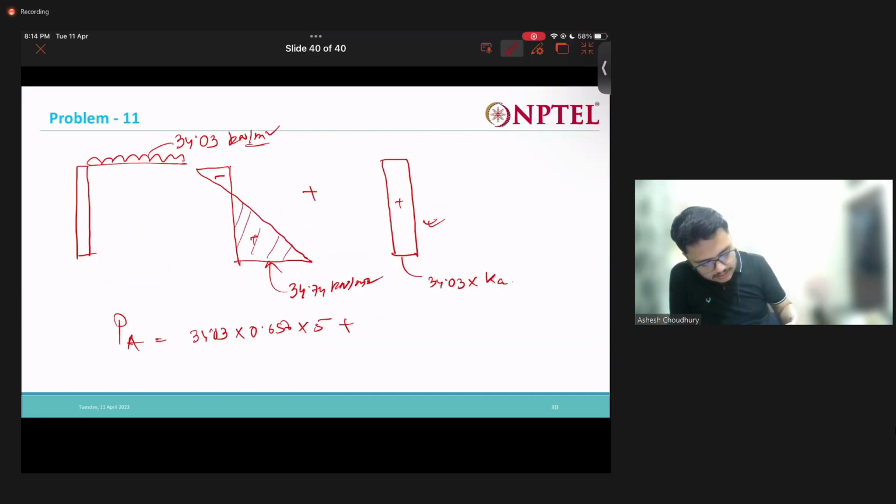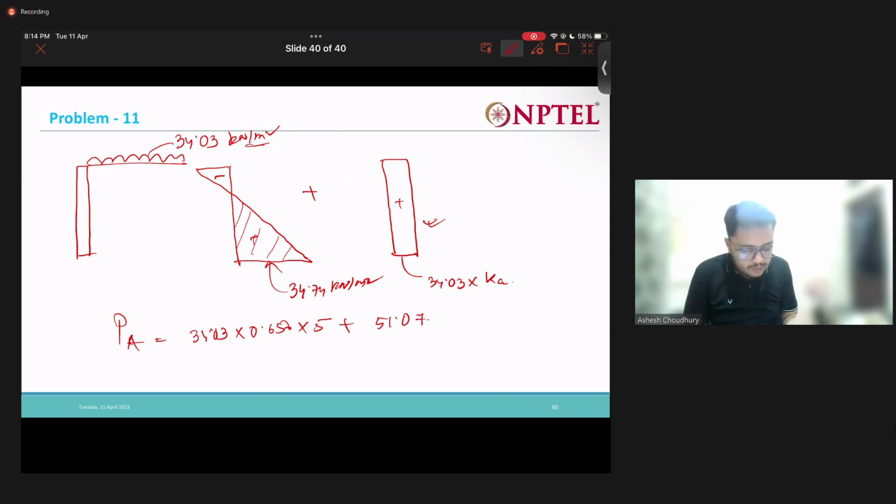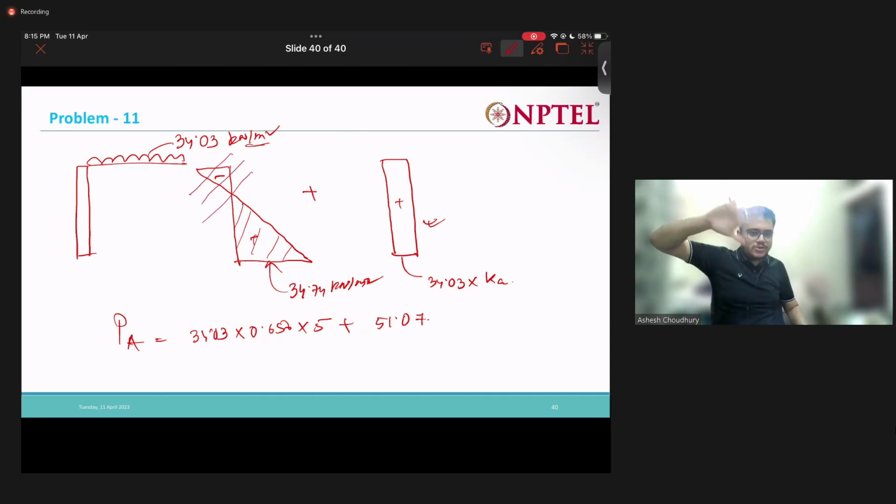Why are we doing 51.07? Because this portion, the upper portion, is now not developing. The negative portion is totally cancelled out due to the application of this.